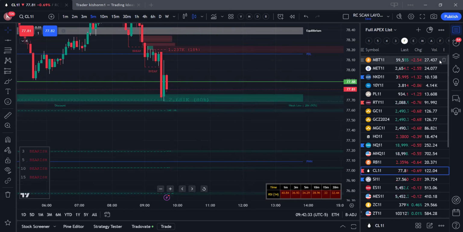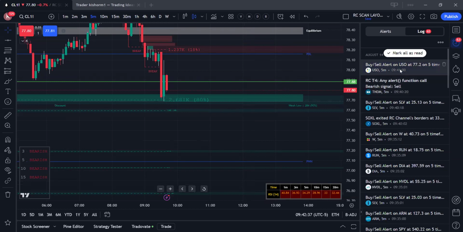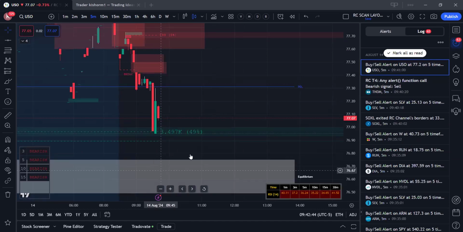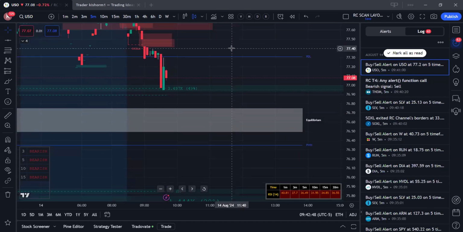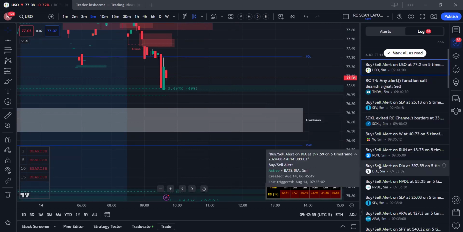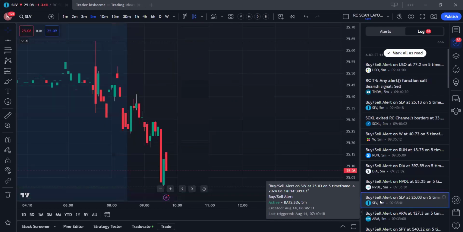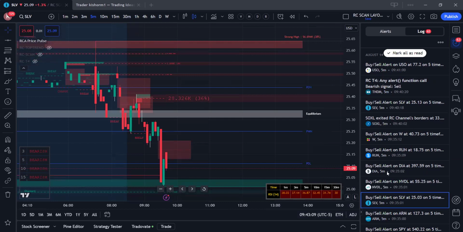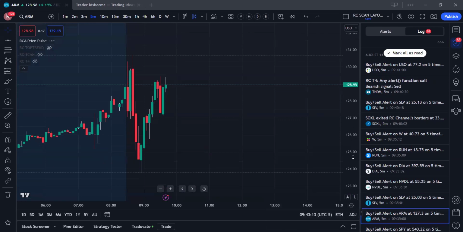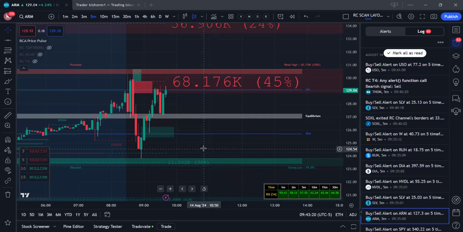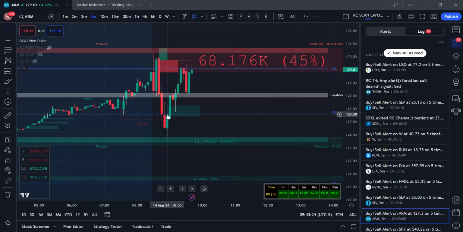If you buy stocks, for example, let us say you are buying ARM stocks here, right?